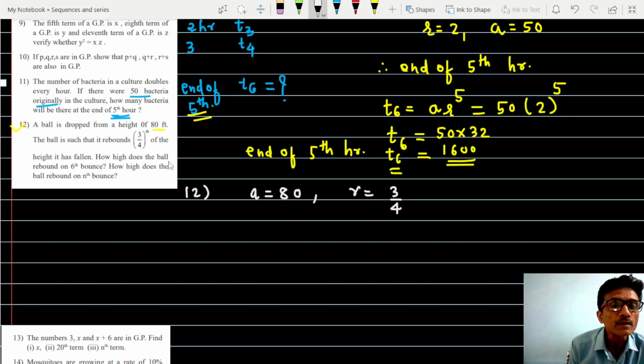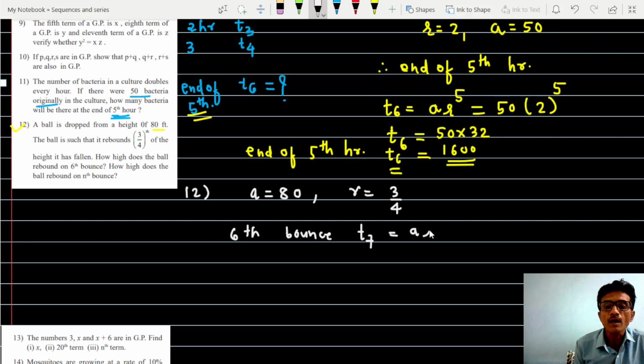How high does the ball rebound on sixth bounce? So first bounce means what? T2, this is T1, first bounce means T2. We want sixth bounce, so sixth bounce means we want T7.